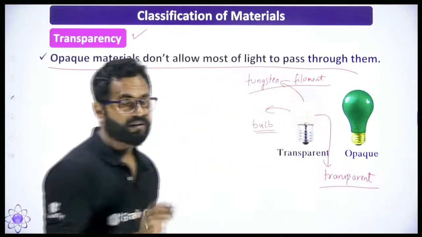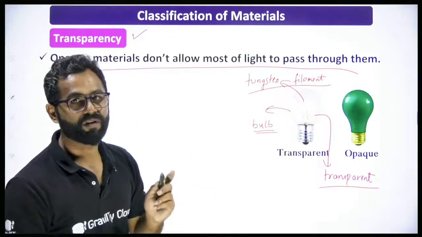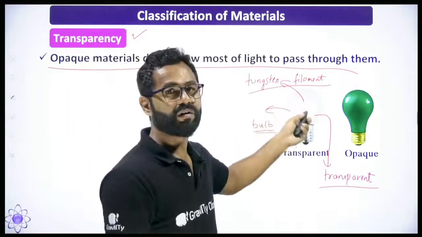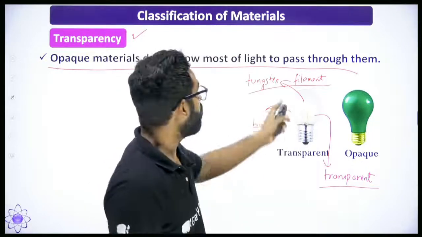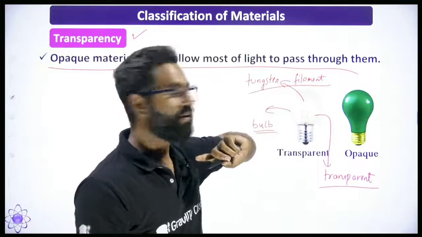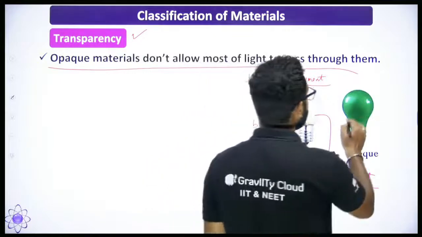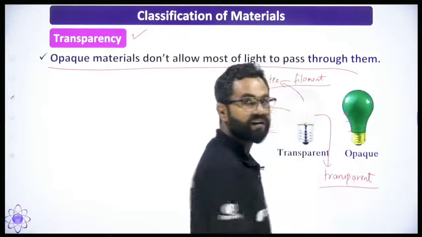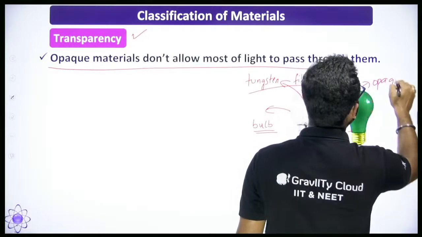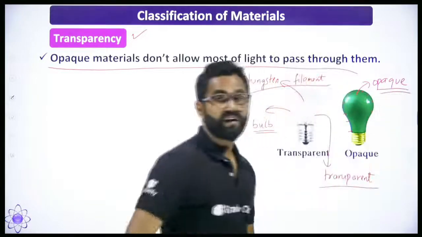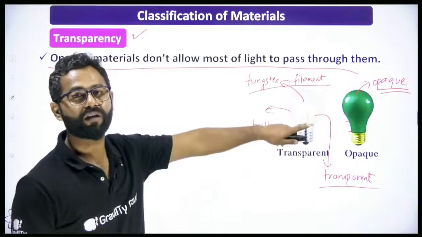Right? But if I take this bulb and paint it with green color, if I apply green color over the bulb, what will happen? The surface will become green. All of this surface will become green, right? And it will become opaque. Why does the bulb become opaque?